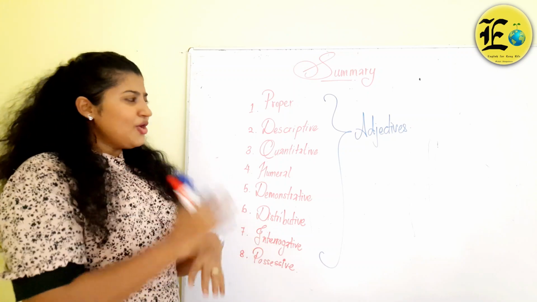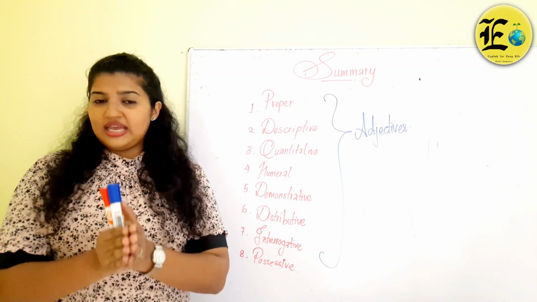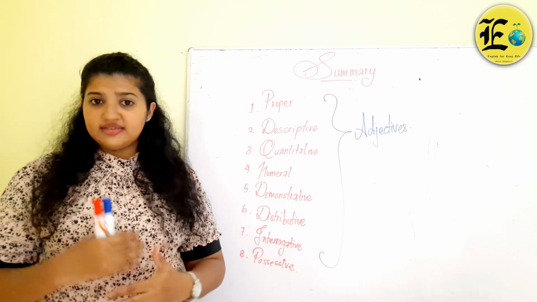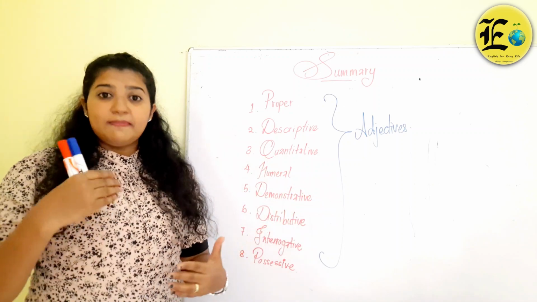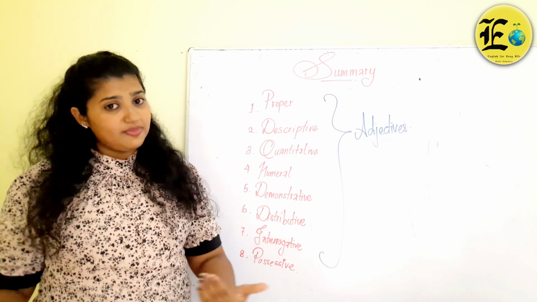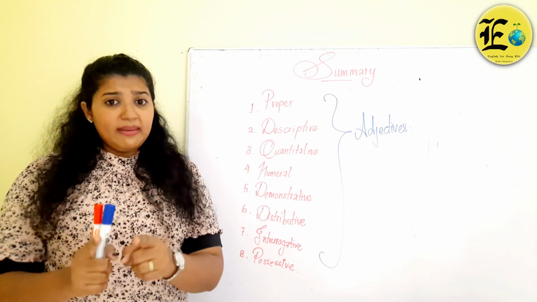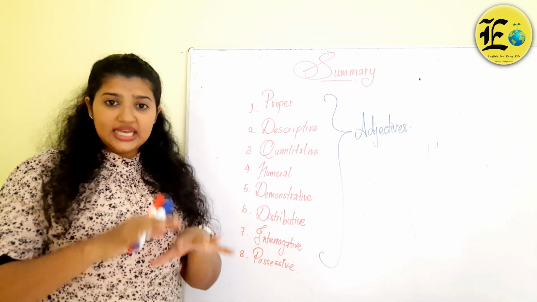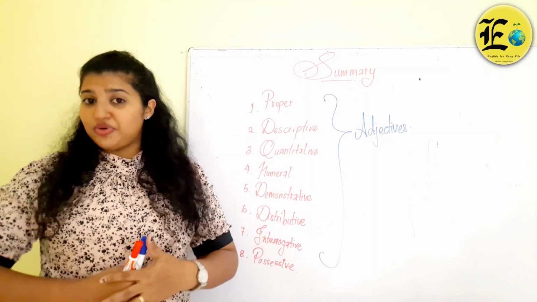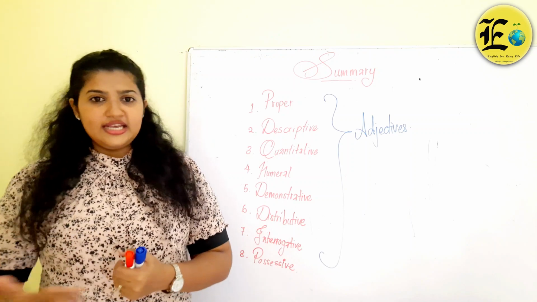I hope if you watched the video from the beginning itself, you would have gained a wide range of knowledge regarding the definition of adjectives, the different kinds of adjectives, plus their definitions, where they are used, and for what purpose these adjectives are used, along with the examples. But remember, apart from the examples that I have provided within my video, there are a wide range of examples which prevail.